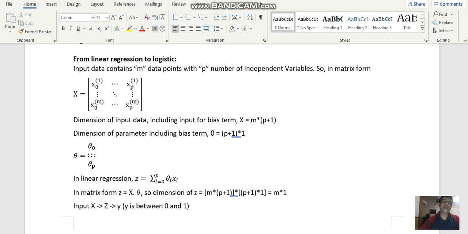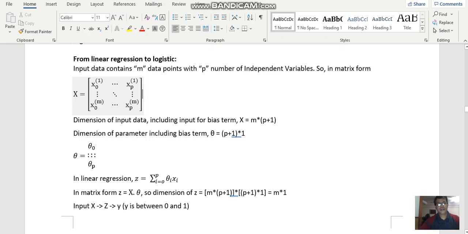Let's assume that the input data we have has m data points with p independent variables. In matrix form, the input data, let us symbolize this as X, will be a matrix of this shape.